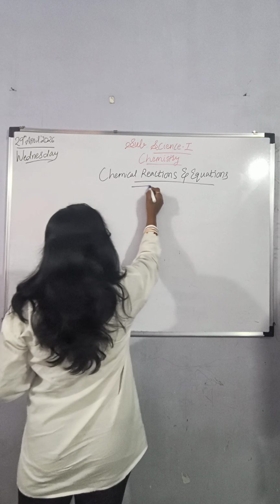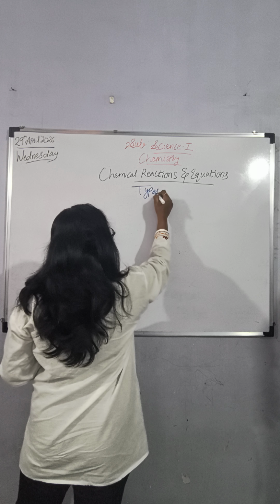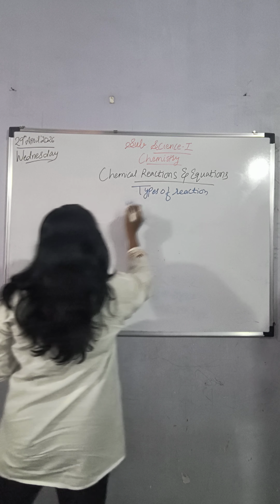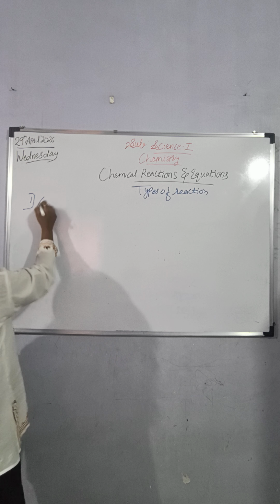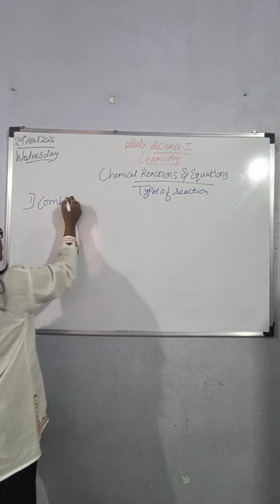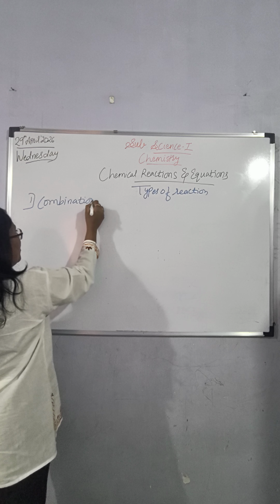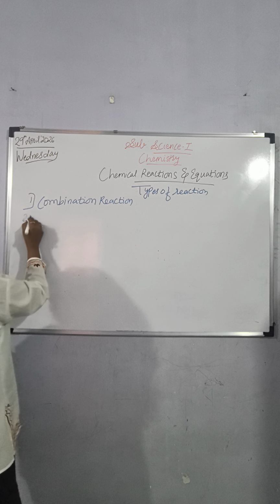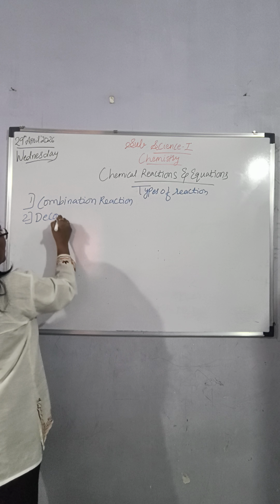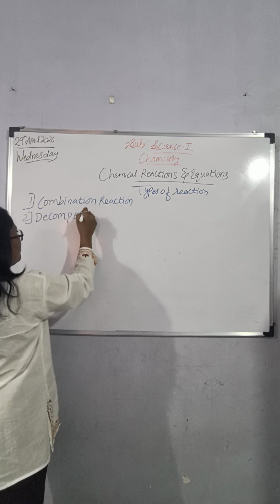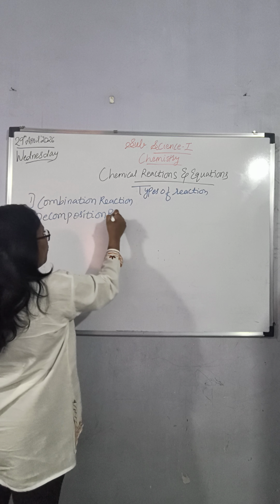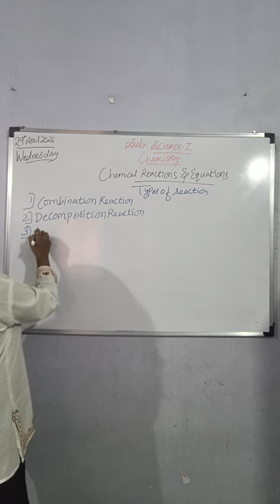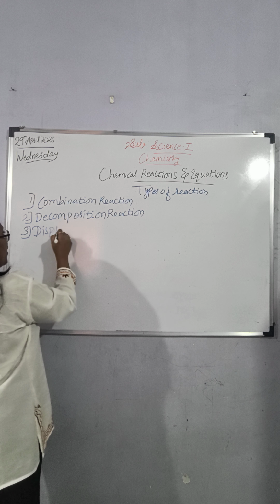So we had already started with types of reaction. First, combination reaction we had done. Second, decomposition reaction we had done. Now third, we are going to start with displacement reaction.